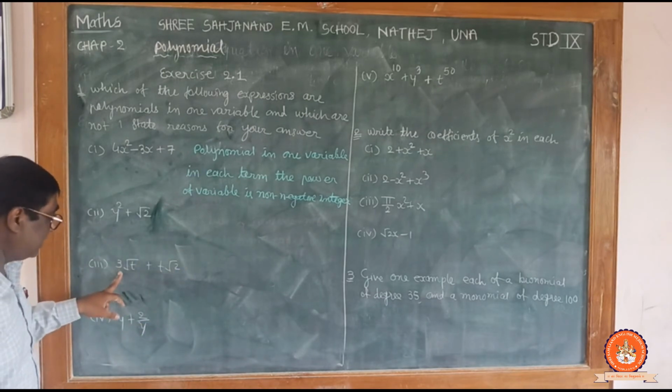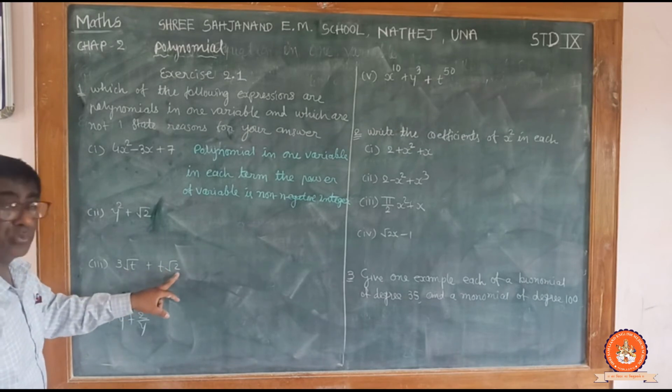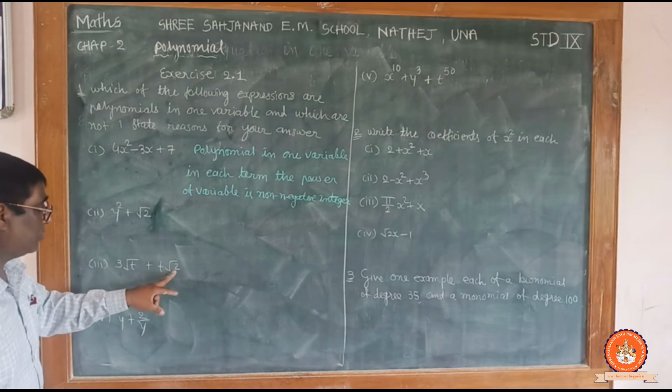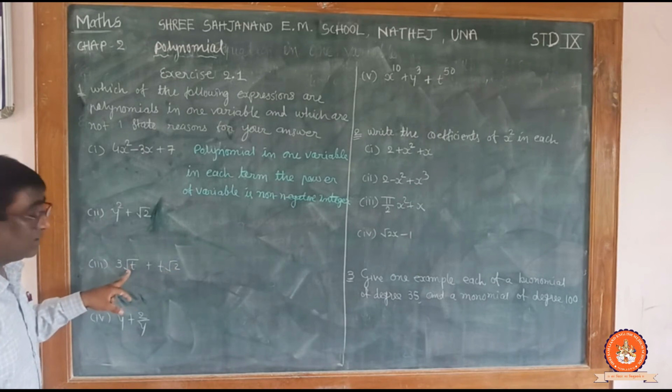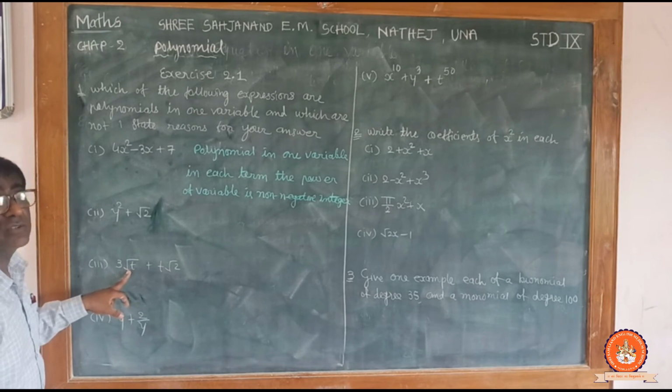And look at it, 3 root t plus t root 2. Root t is equal to t raised to 1 by 2.